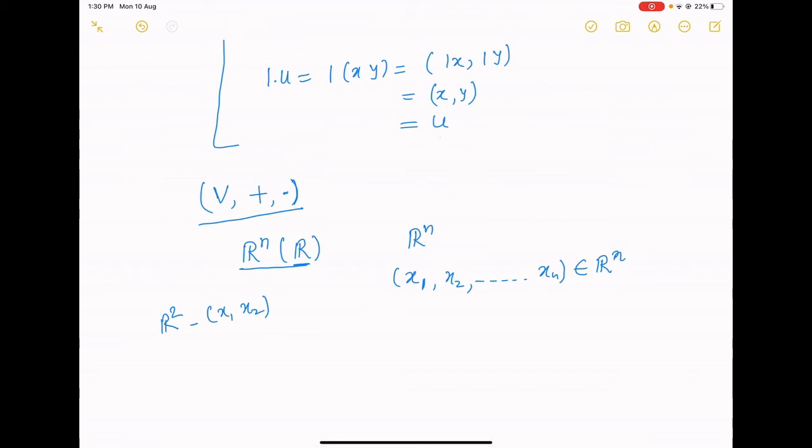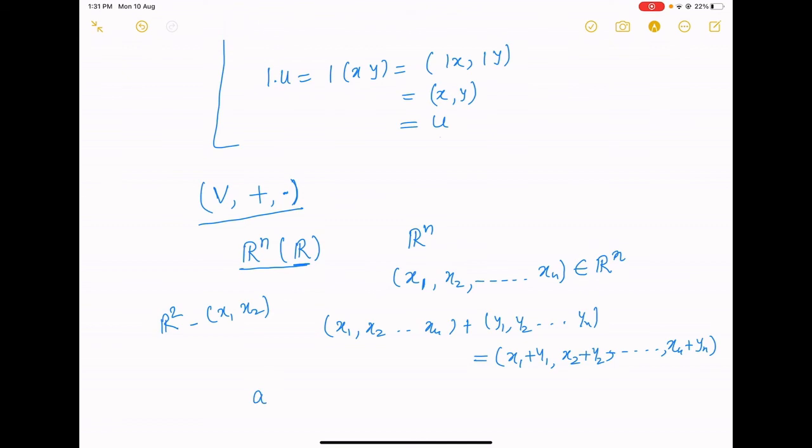It has components x1, x2, ..., xn, and the addition is performed like this. If two tuples, x tuple and y tuple, are added, then it is component wise addition: x1 plus y1, x2 plus y2 and xn plus yn.